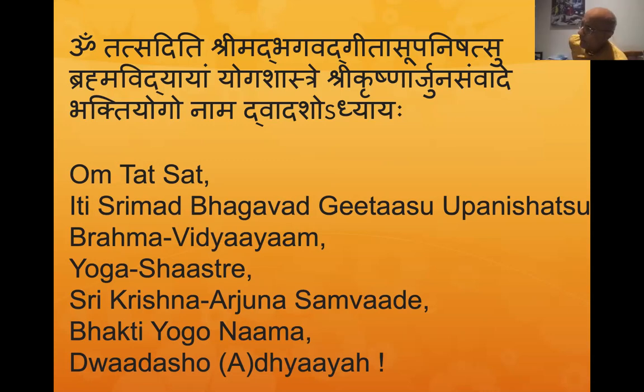Kshetrajna is the doer of the activity, I think. The Lord explains all the different aspects of the body and the knower of the body. Right, Kshetragyan. I remember you explaining it so. It's very detailed. It was quite tough.